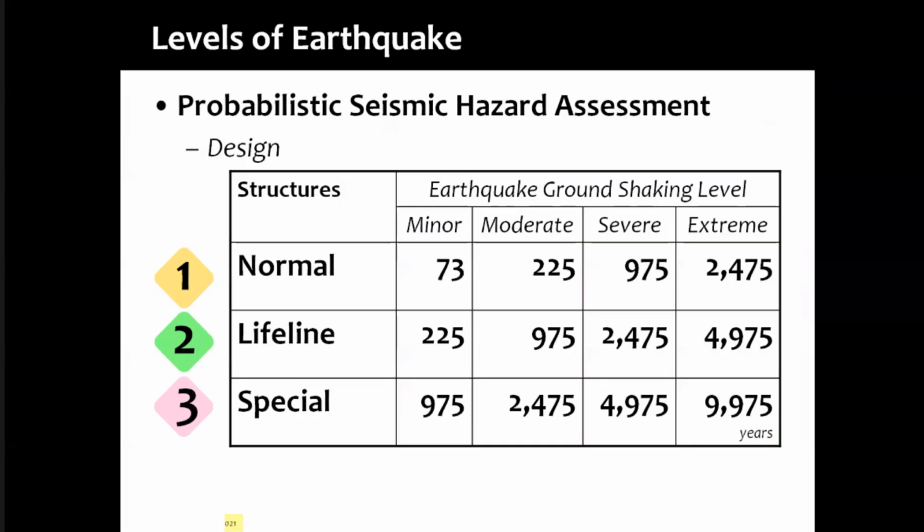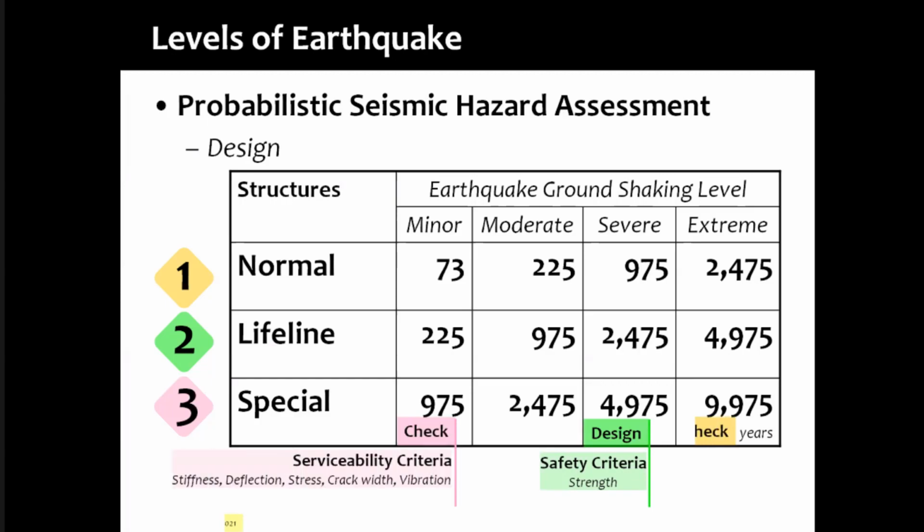I'll stop here by saying in time ahead, you will have to learn some more new things. That bridges will come under a different category of structures, and that you will need to design for 3 levels of earthquake shaking. And the design will be done for severe, but you'll have to do a check at the serviceability level and a check at the integrity level under extreme shaking.